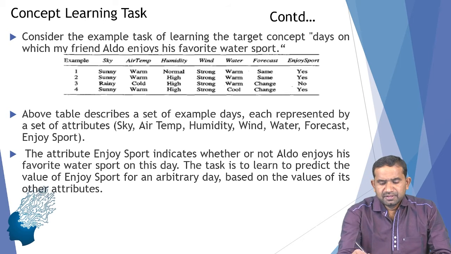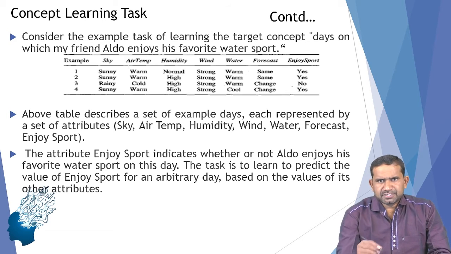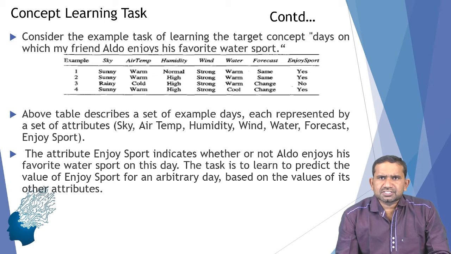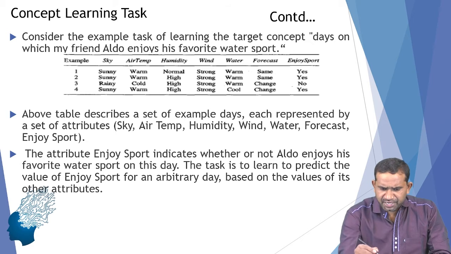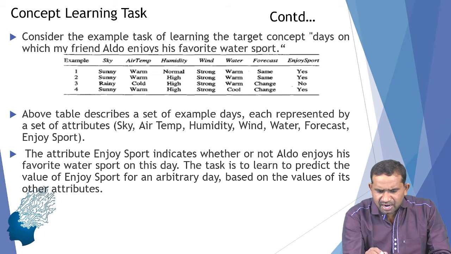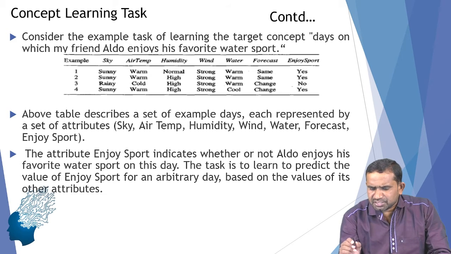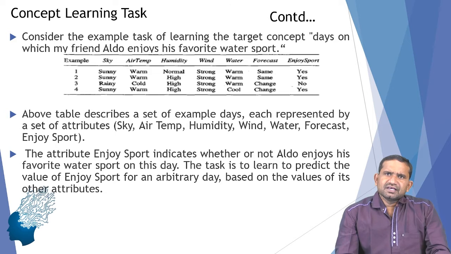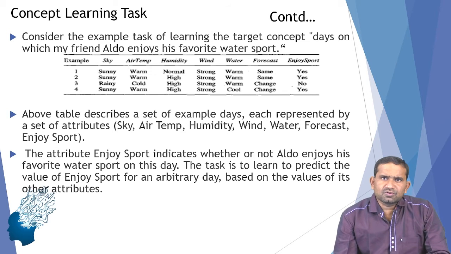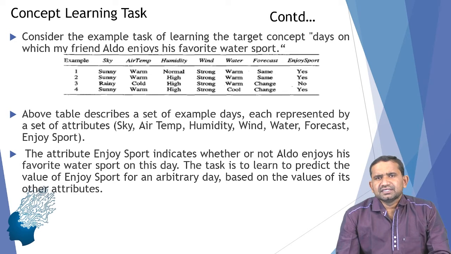We have discussed the previous examples with the 6 attribute values. When you compare these 4 days, only the third day is not an enjoy water sport day, because it is a rainy day and the air temperature is very cold. So there is no possibility for Aldo to enjoy the water sport.